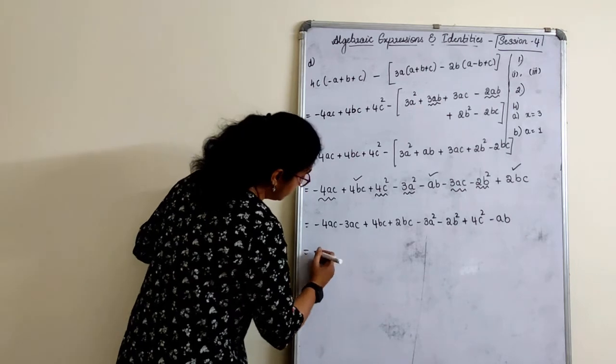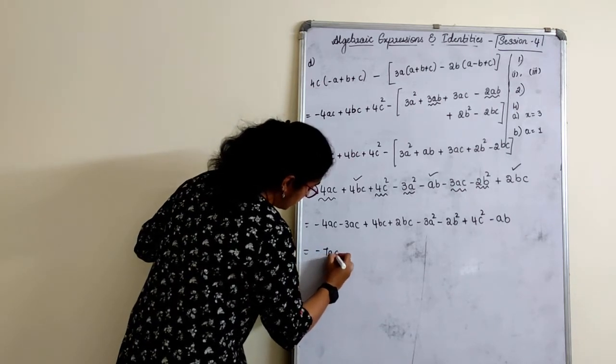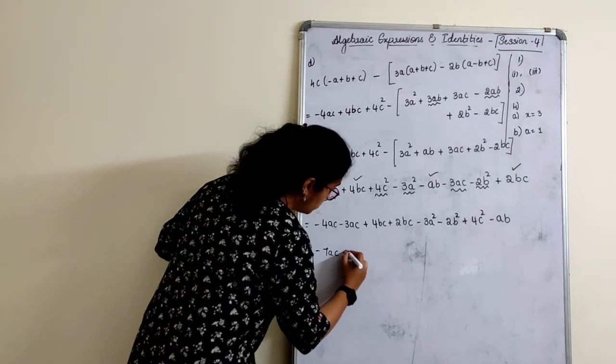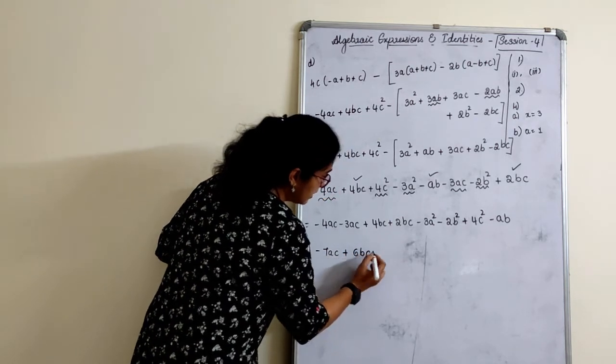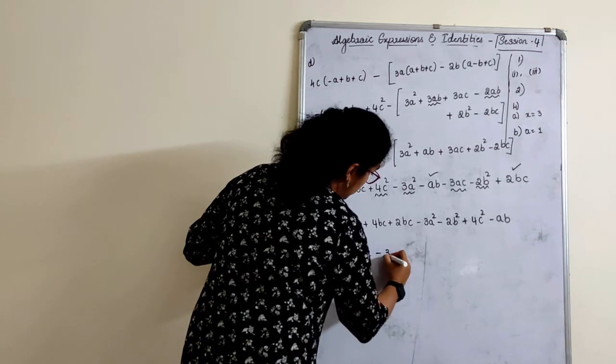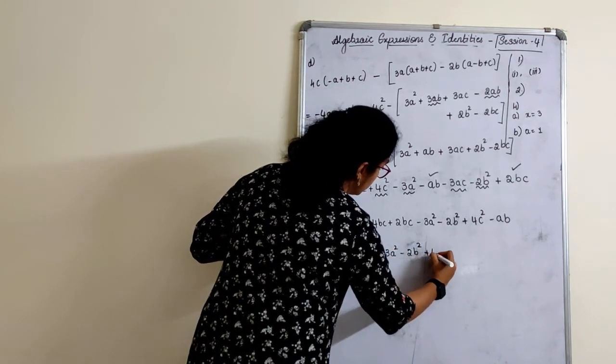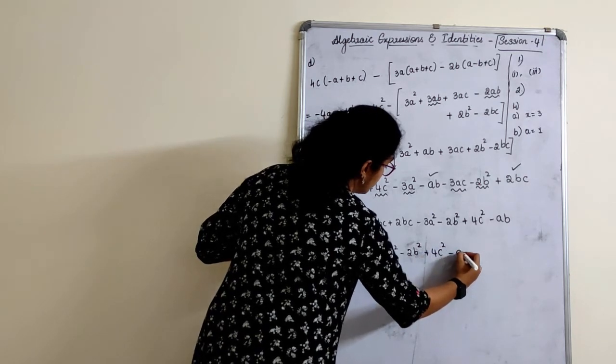Minus 4AC minus 3AC is minus 7AC. 4 plus 2, 6BC. Minus 3A square minus 2B square plus 4C square minus AB.